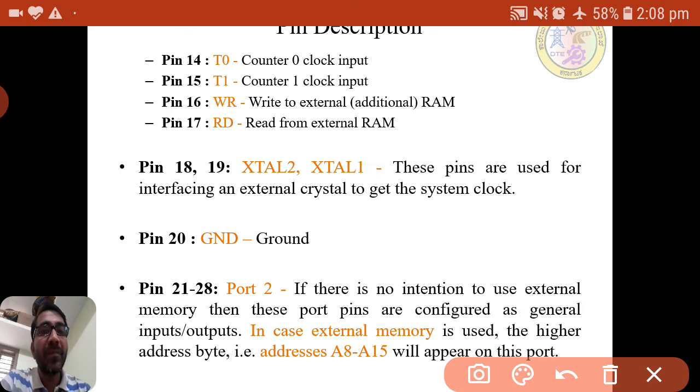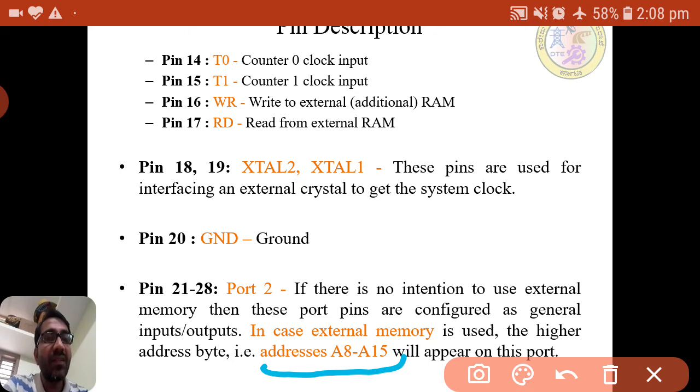If you want to connect external memory which requires more than 8 address lines, then this port will be used, and A8 to A15 are connected here. So when external memory is connected, this port will be used as an address bus, otherwise it will be used as normal input.